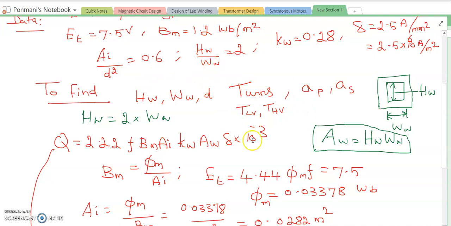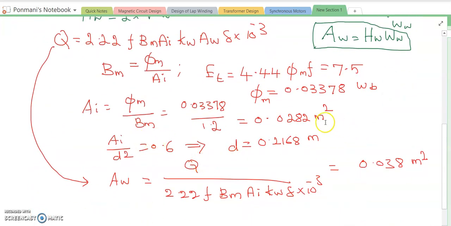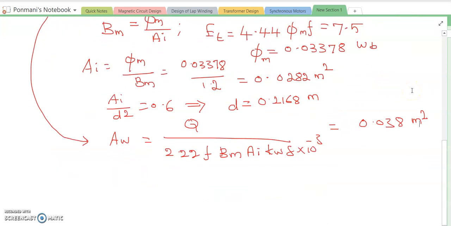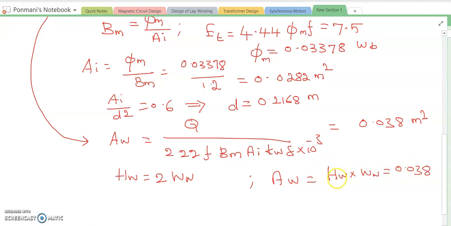So AW is known to us, so that you can calculate HW and WW. The ratio is given. The height of the window is 2 times the width of the window, and AW is equal to height of the window times width of the window. So it is 2 times WW square, and that is equal to 0.038.